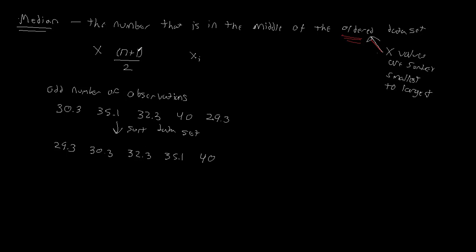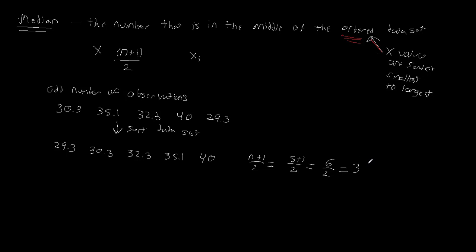Now we have to calculate (n plus 1) over 2. n is the number of observations, so that's 5 plus 1 over 2, which is 6 over 2, which equals 3.